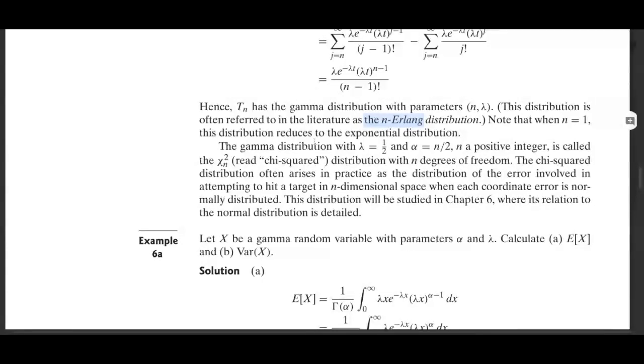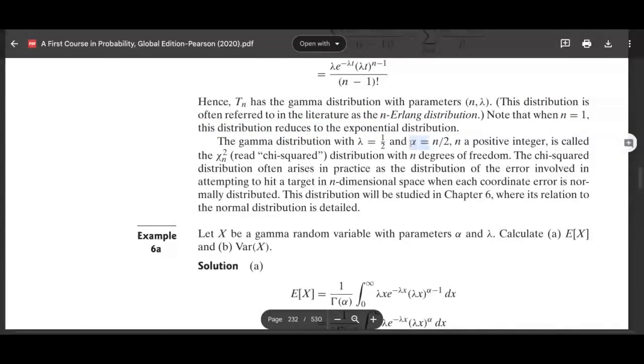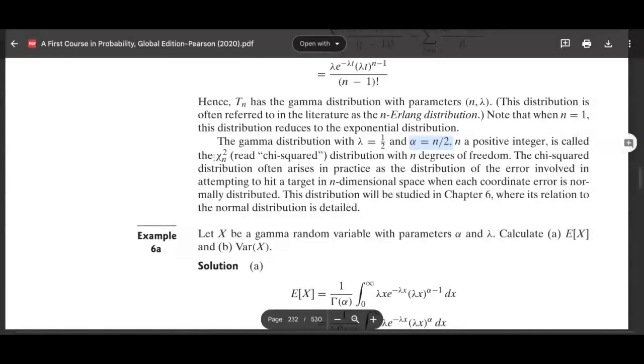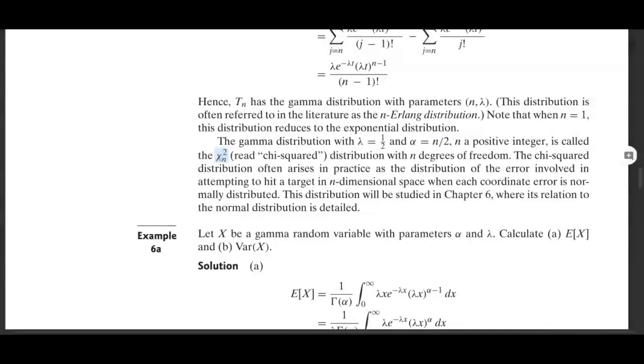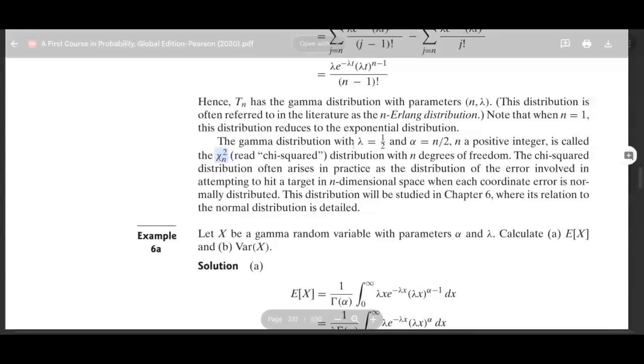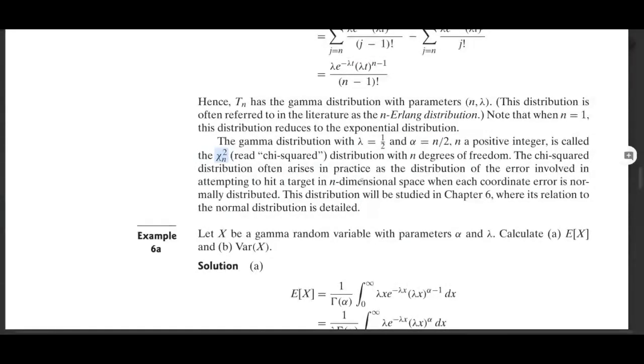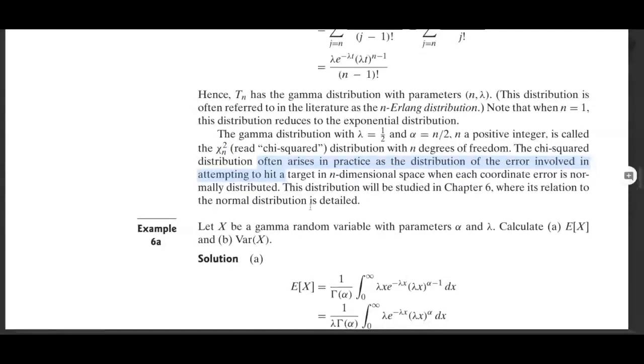When n equals 1, the distribution reduces to the exponential distribution. The gamma distribution with lambda equals 1/2 and alpha equals n over 2, with n a positive integer, is called the chi-squared distribution with n degrees of freedom. The chi-square distribution often arises in practice as the distribution of the error involved. We don't need to know that.